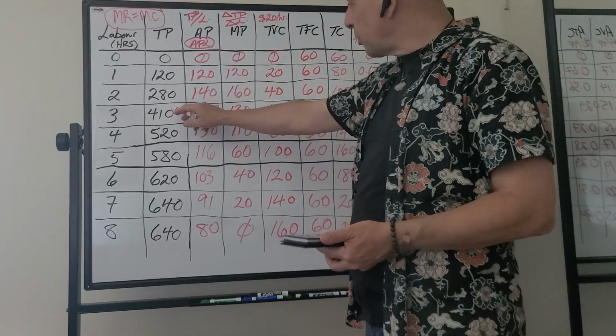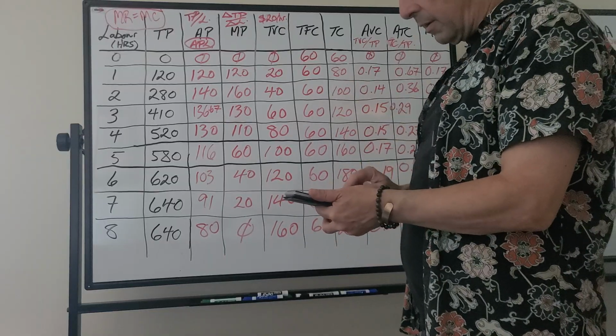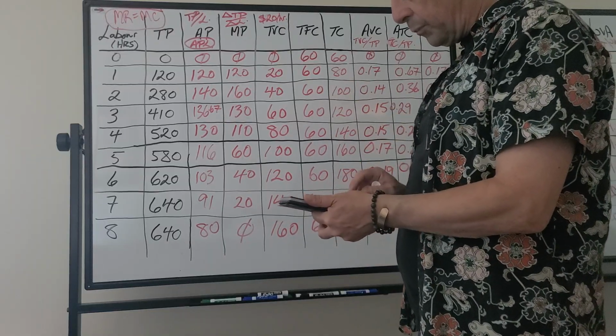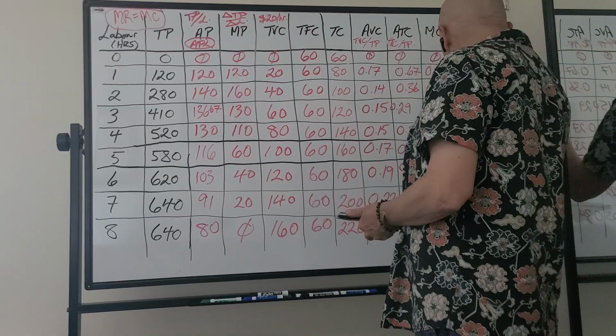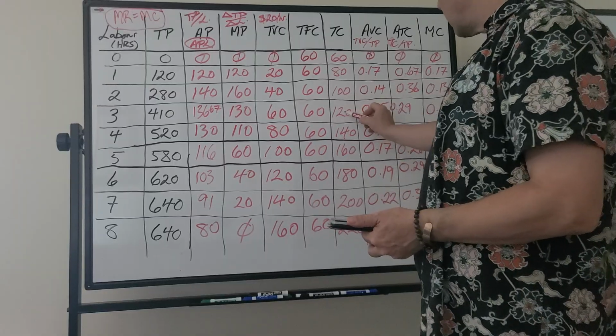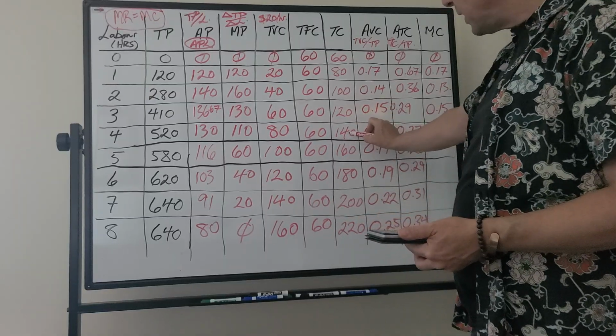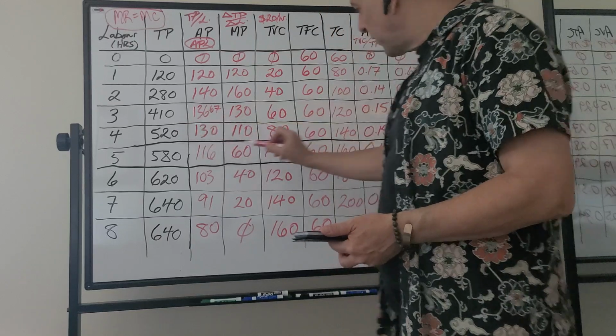We've got 130. So we've got an additional cost of 20 divided by 130, which equals about 15.3 cents, so 0.15. Okay, then our total cost increases by 20 again, and we get from 410 to 520, so that's 110.